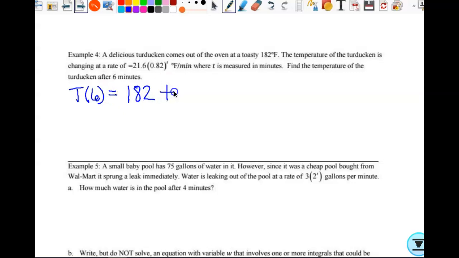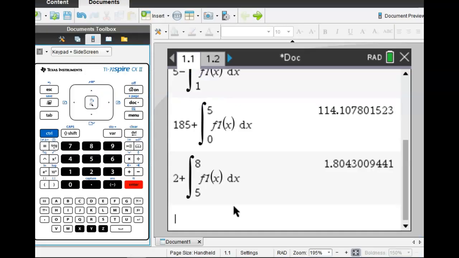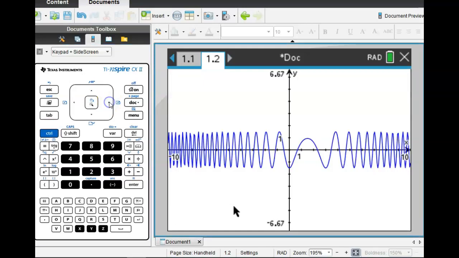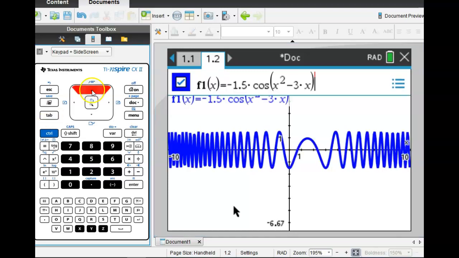And then I'm going to add to it the net change, which means I'm going from 0 to 6 minutes of, I can do little t, I can do capital T prime of t dt. It doesn't even matter, okay? So type that in. Remember, we're going back over here. I would go up here and clear that out.